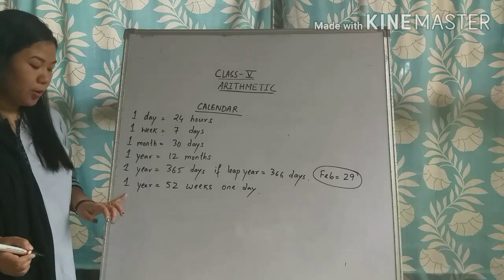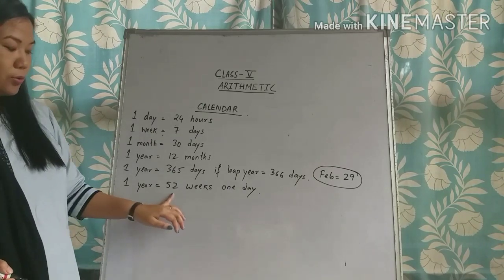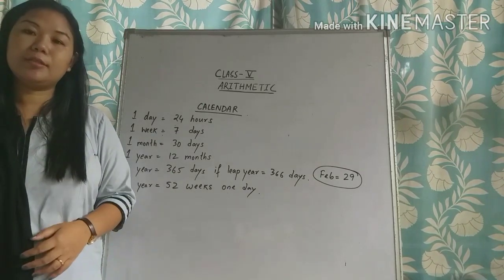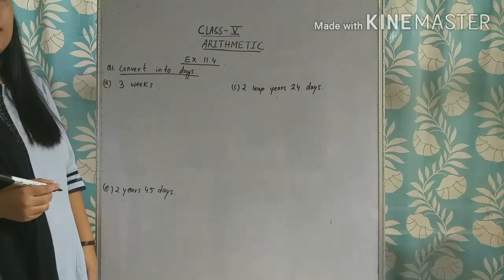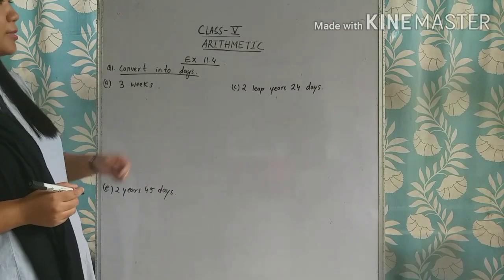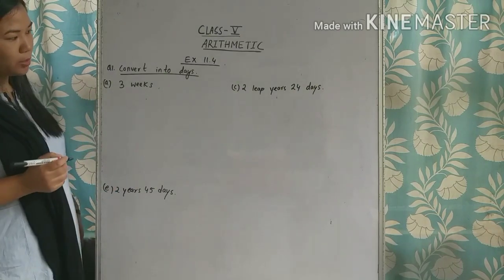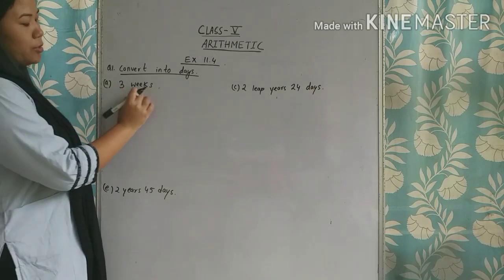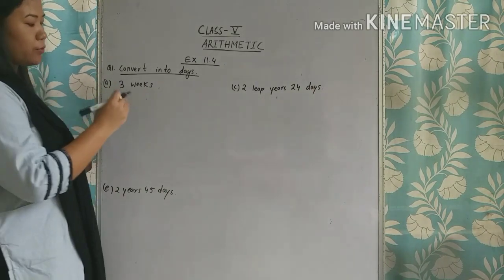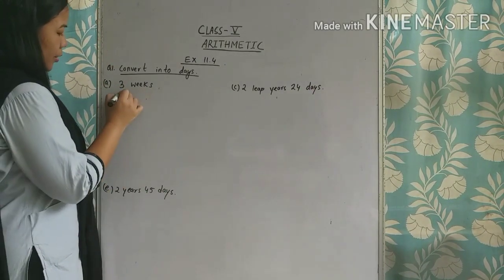Okay, now weeks, 1 year is equal to 52 weeks 1 day. Try to remember all this. Now let us solve exercise 11.4, question number 1. Convert into days. Now the first question is given 3 weeks. So we have to convert these weeks into days.